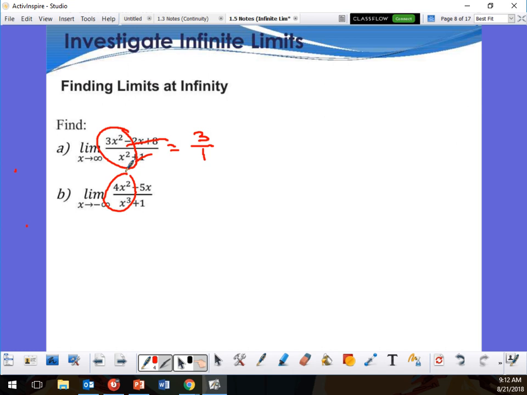Once I get so big, close to infinity, that this number is just dwarfing the other one, this one is going to be going out to 0 because the number on the bottom is so big. Now, I want you guys to graph this second one so you can see this.